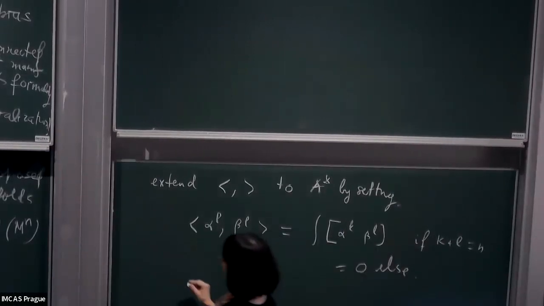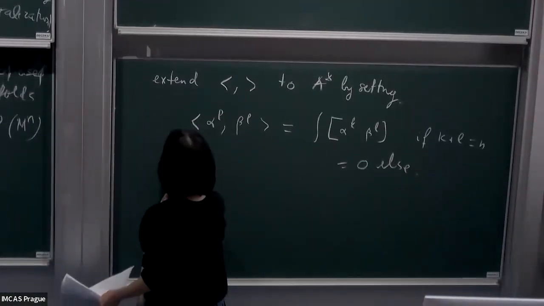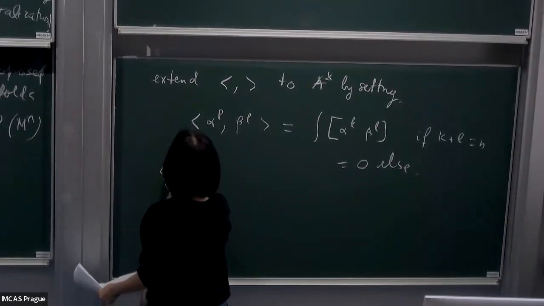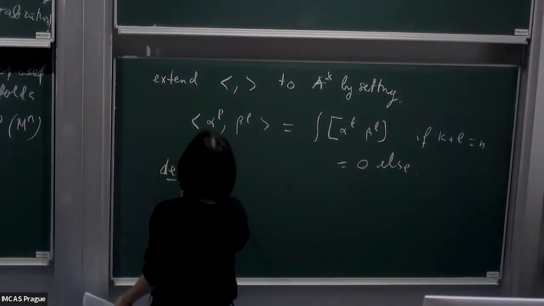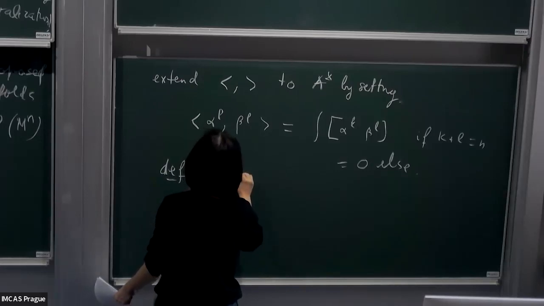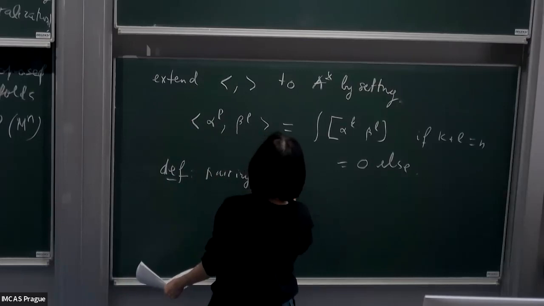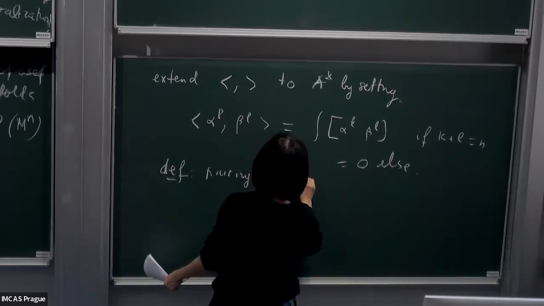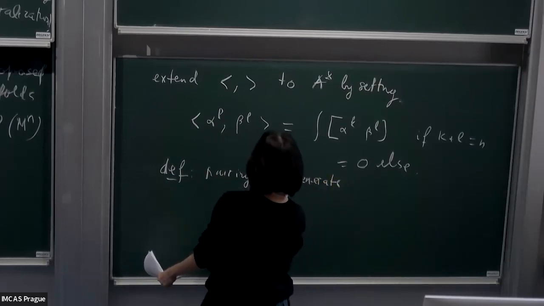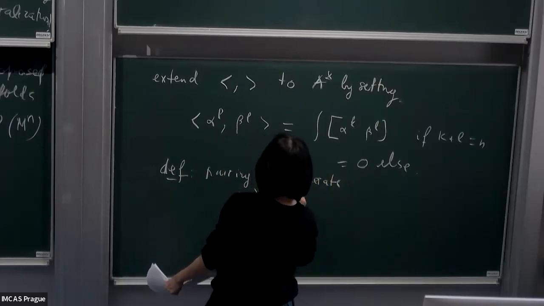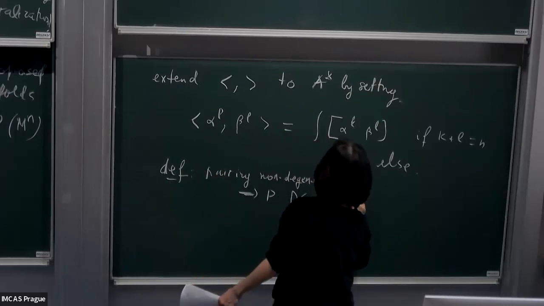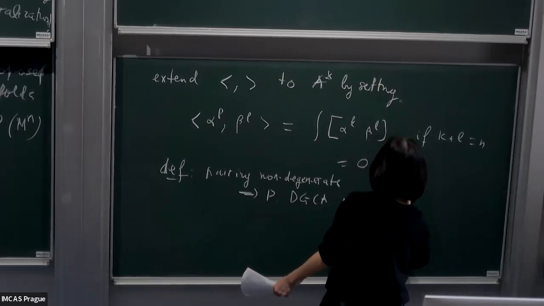And he says that if this pairing is non-degenerate, then the Poincaré differential graded commutative algebra is called non-degenerate.